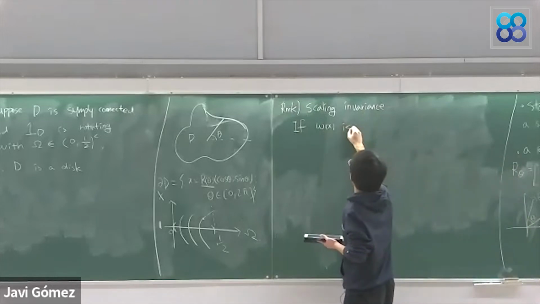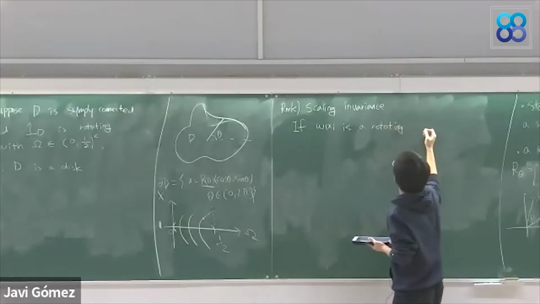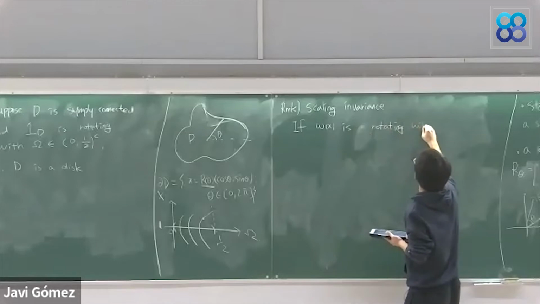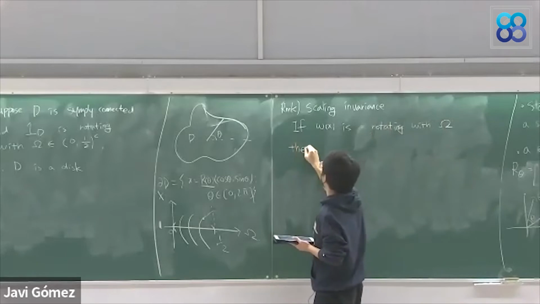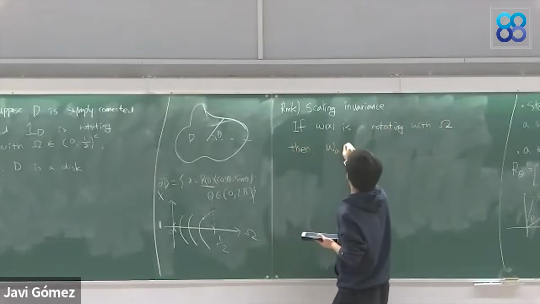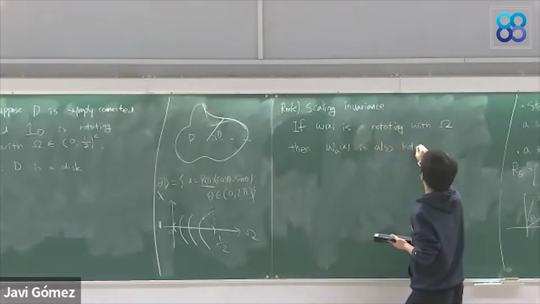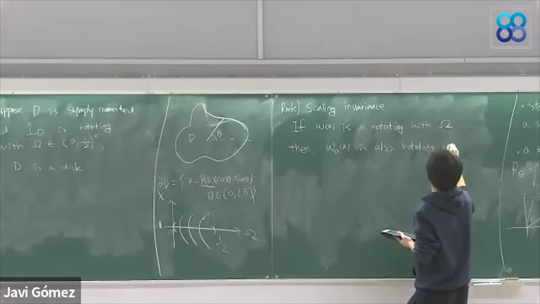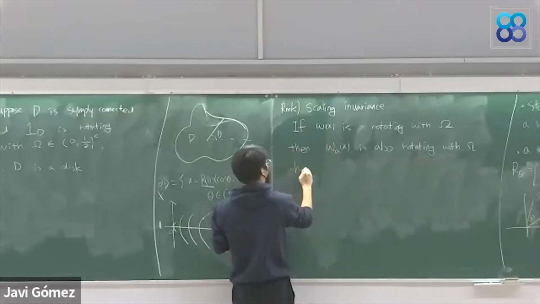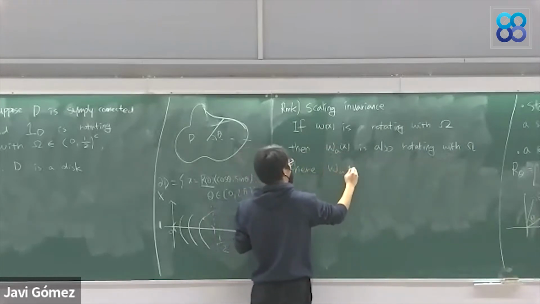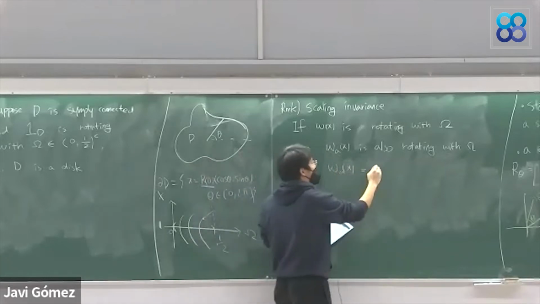If this is a rotating solution, if this is rotating with the angular velocity omega, then omega_A of x, which is omega of Ax, is also rotating with the same angular velocity, where omega_A is the rescaled vorticity in the spatial domain.